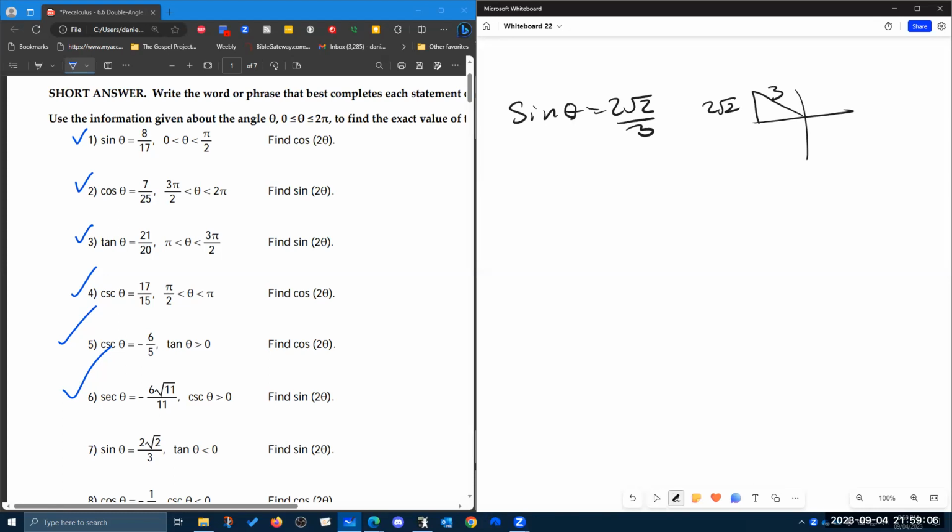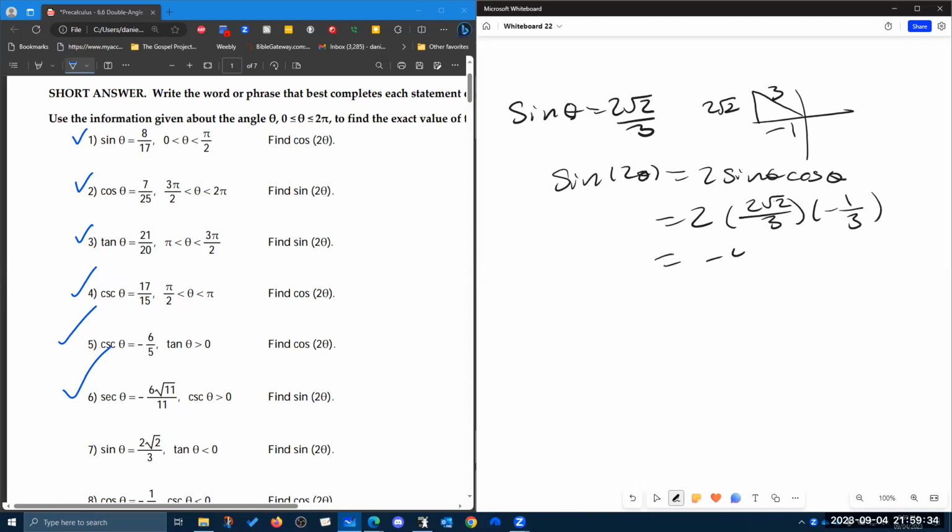So 9 minus 8 is 1. Like so. And what do we want to find? Sine 2 theta is 2 sine theta cosine theta. It's going to be 2 times 2 root 2 over 3 times the negative 1 over 3, which is negative 4 root 2 over 9.